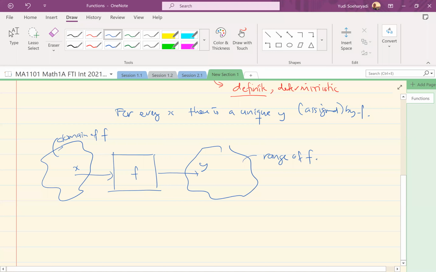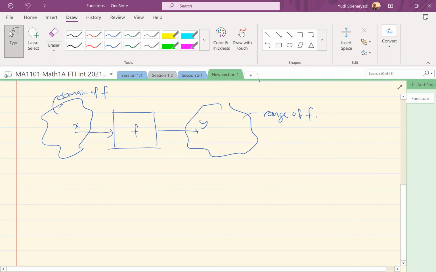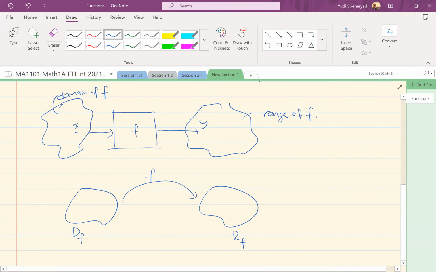Okay. And for other representations, you can write something like this: D is the domain, this is the range, this is the rule. Okay, so x here becomes y. Okay, so f is a function.